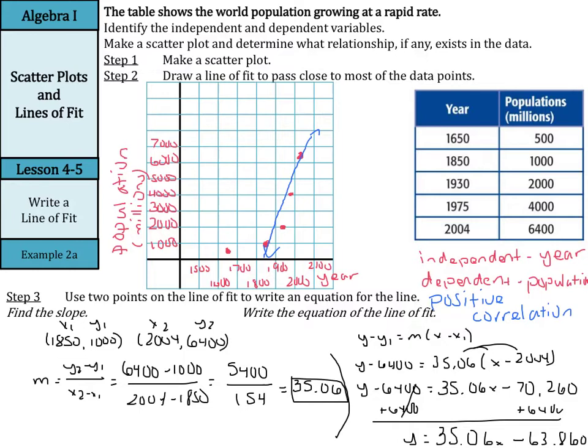That's a comma there. So y equals 35.06x minus 63,860 is our equation for this line. And that's just a sample answer. You may come up with different equations as you pick different points for your line of fit. This is just the equation for this line of fit that we drew.